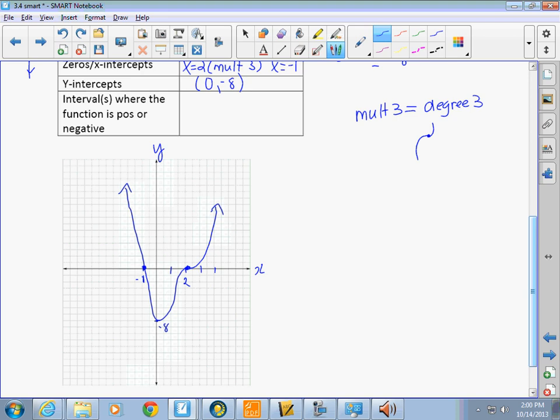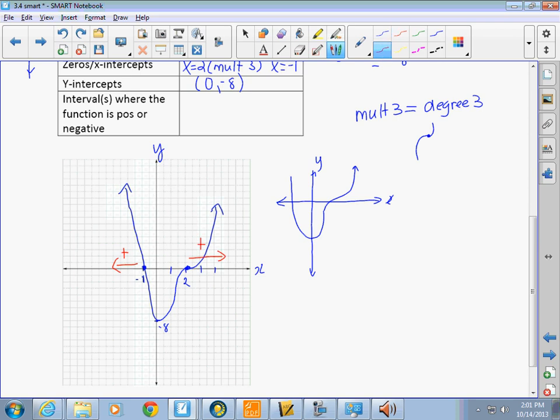So that's what this graph would look like. Okay, if you wanted to see just a little, it would kind of be going like this. So then right here would be my x-axis. There would be my y. So then now I can say where are the positive intervals and where are the negative intervals. Any place where it's above the x-axis is where it's positive. So from here on it's positive, and from here on it's positive.